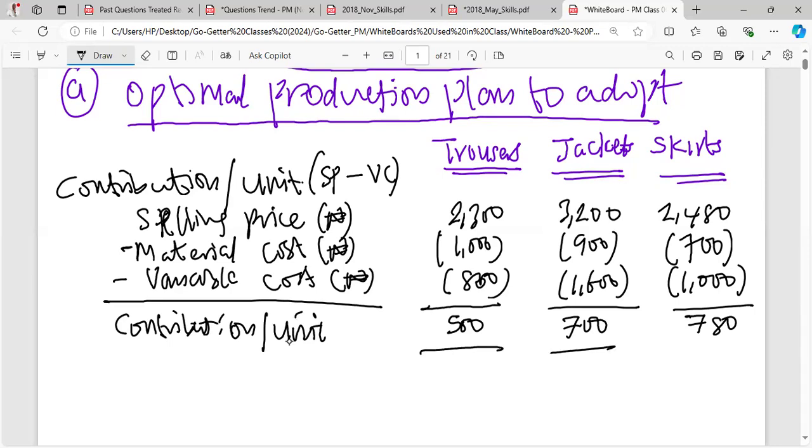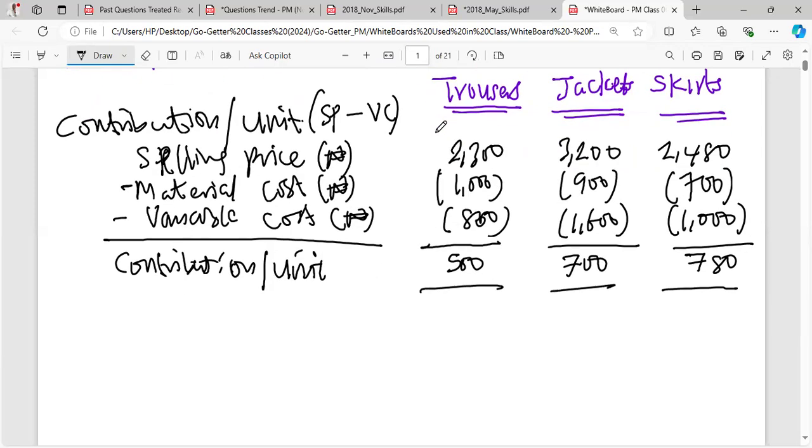Now we've gotten this. The next thing to do is to identify the limiting factor.